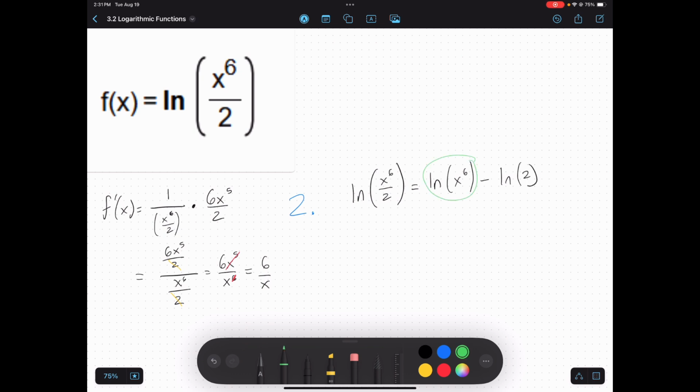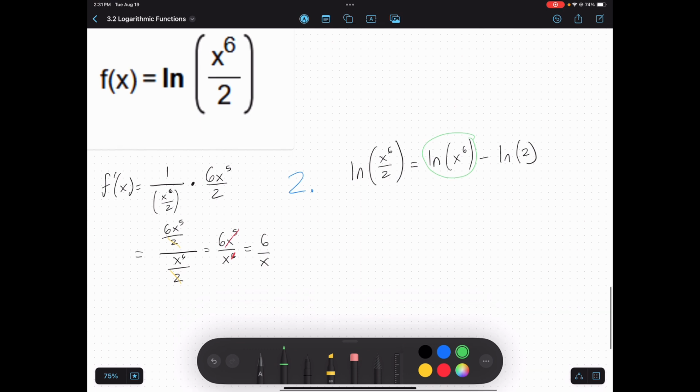Now I can look at this piece and say, hey, I have a number raised to an exponent inside of a logarithm, which means I can use property number 5. And I get 6 times the natural log of x minus natural log of 2. And so now what we've done is we've used log properties to break this down to the point where it's longer, but it's a lot simpler.